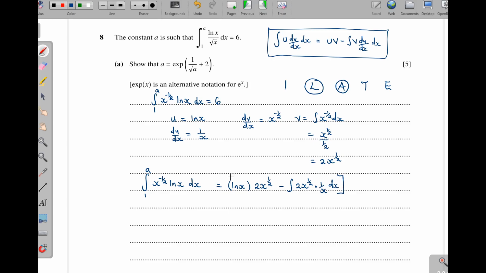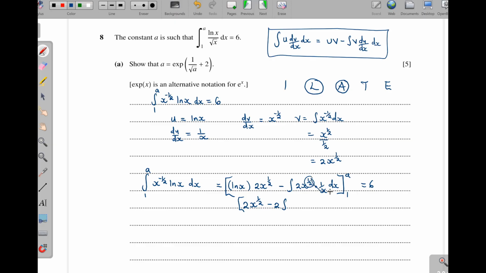I can put the limits here. We have a and then 1, then you equate this one to 6. Now, we can write this one first, then the natural log last, because usually students multiply this with this and then they get wrong things. So you can have 2, then x to the power of a half, and then minus, I can take this 2 outside here, then we are integrating.